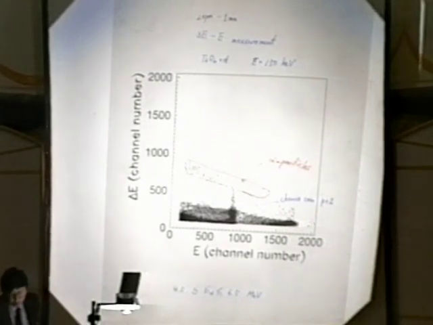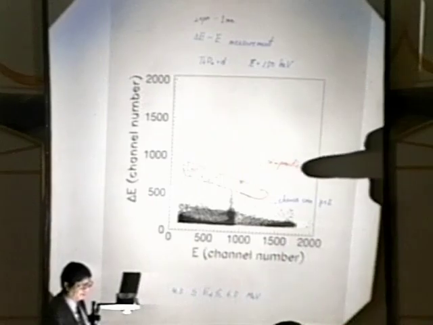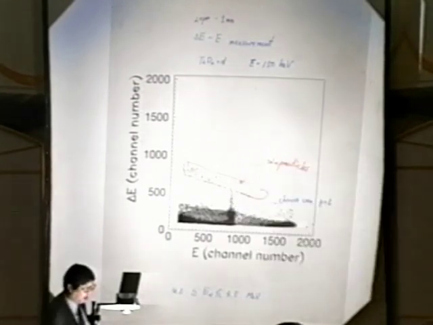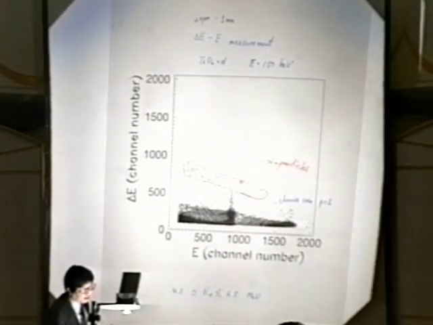Therefore, we did a measurement of the alpha particle using, as I told you, the delta E technique. And here, we clearly see the locus for the alpha particles. The vertical axis corresponds to the energy lost in the delta E detector, and the horizontal axis corresponds to the energy deposited in the E detector.